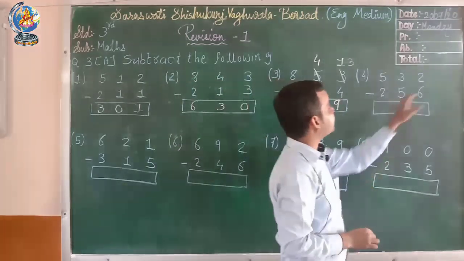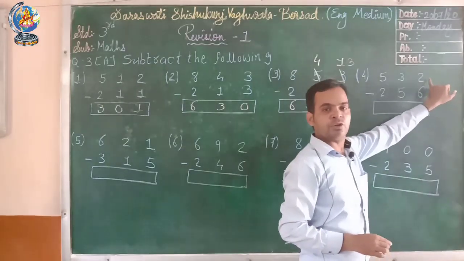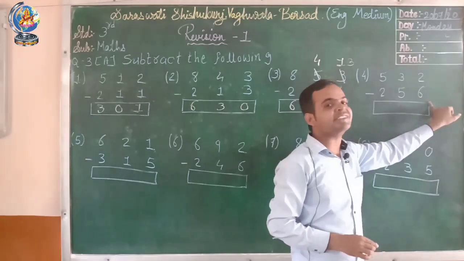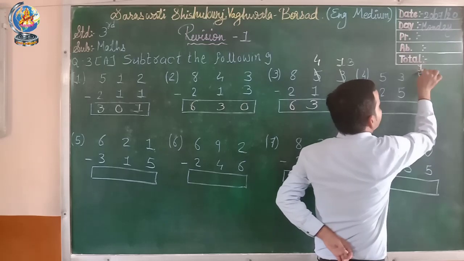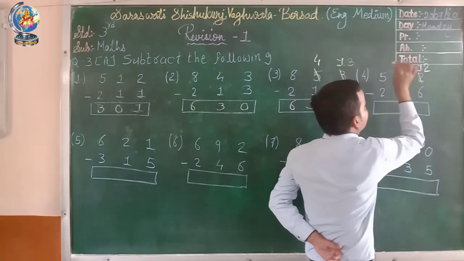Again here, if you observe, 2 minus 6: the upper side is 2 and the lower side is 6, so 2 is smaller than 6 and we have to take borrow, right? So cut 2 and write 12, and cut 3 and write 2.